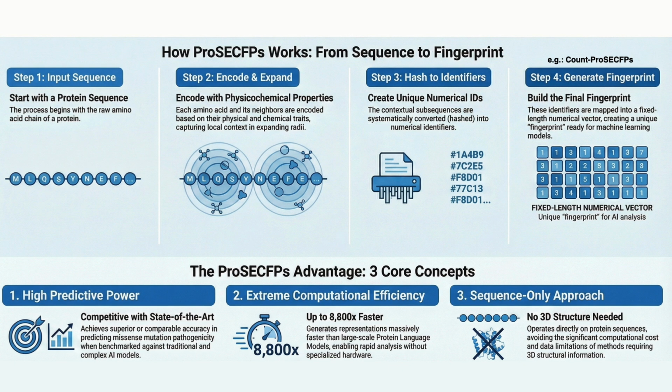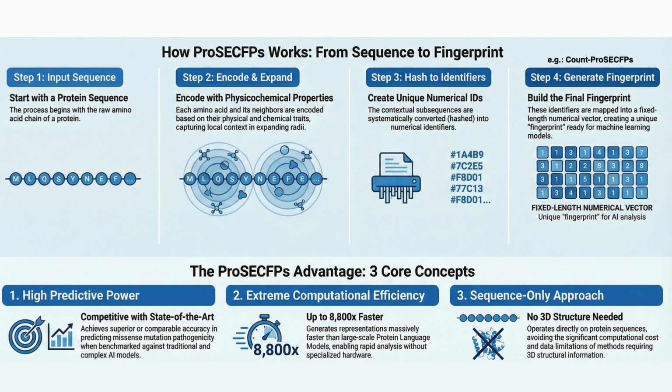Overall, the protein sequence extended connectivity fingerprints method offers a balance between biological knowledge and computational efficiency. When evaluated on large missense mutation datasets, the count-based version of the method consistently outperformed or matched advanced sequence descriptors and achieved state-of-the-art predictive scores, while being orders of magnitude faster to compute than large protein language model embeddings.